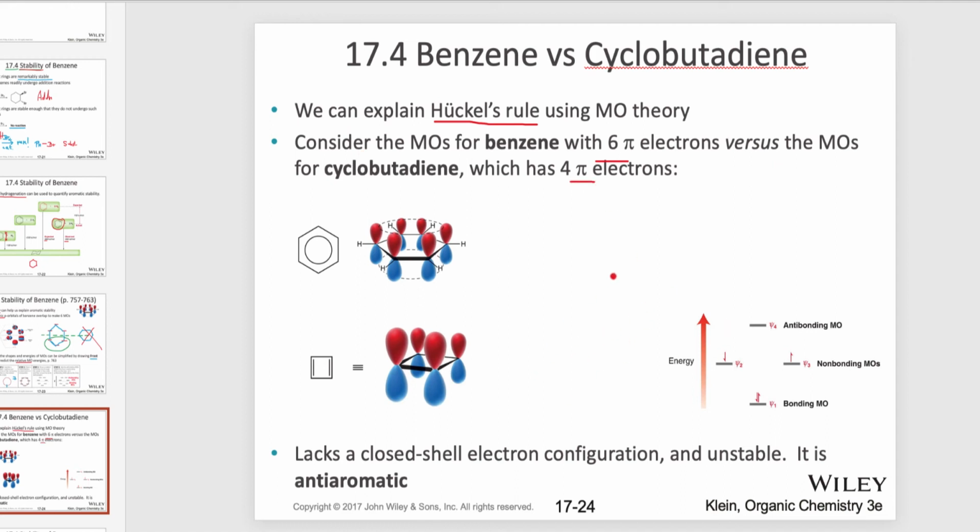When we fill in these energy levels, I'm going to try to attempt this here on the side. So we had our benzene energy levels. We had determined this on the previous slide. I have to fill in electrons.